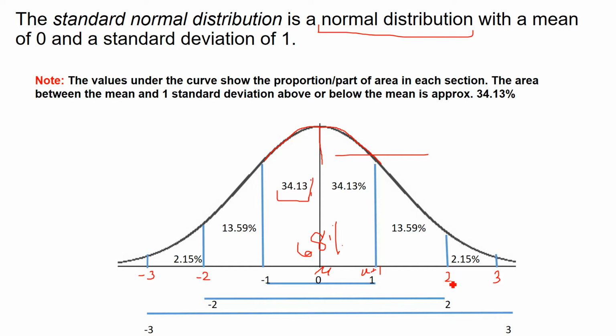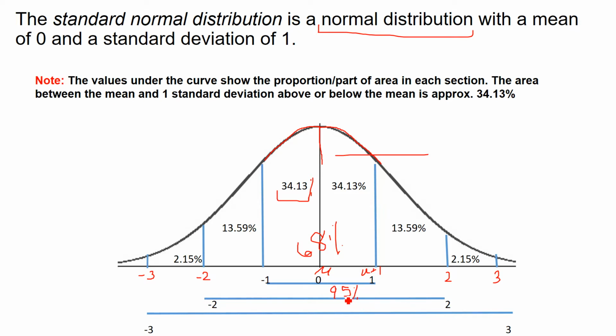If the standard deviation is 2, then you have to add 13.59 to this 34 on both sides. So approximately 95% of data falls within 2 standard deviations, above the mean and below the mean, and it is again a little bit more than 95.